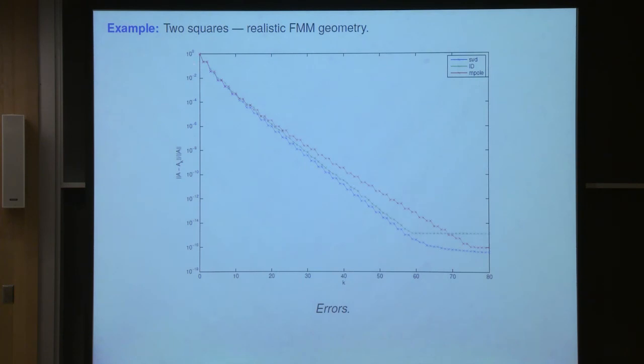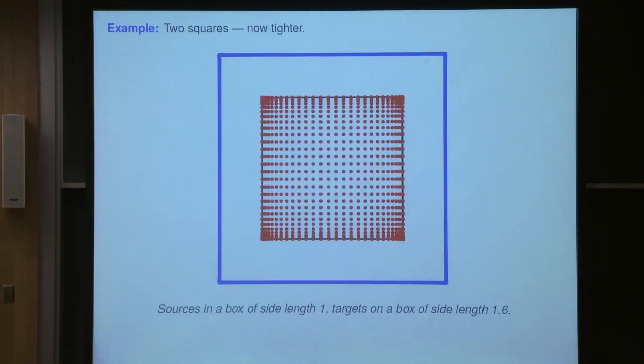It's an upper bound, but its big advantage is that it's an analytic expansion. I don't need to do any computations for that one. And it's doing very well. The difference is not that big. But then the ID and the SVD perform very similarly in this case. All right, but the ID has certain advantages over the fast multipole method.